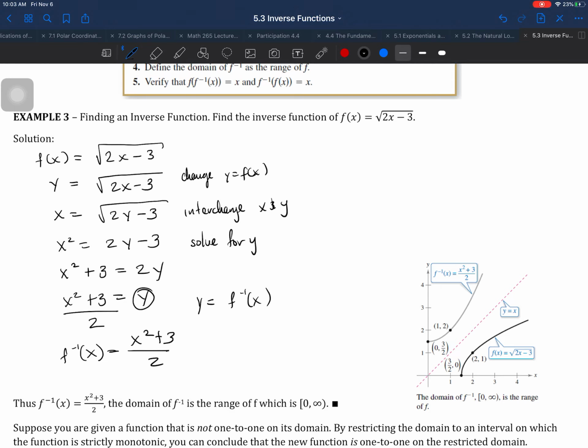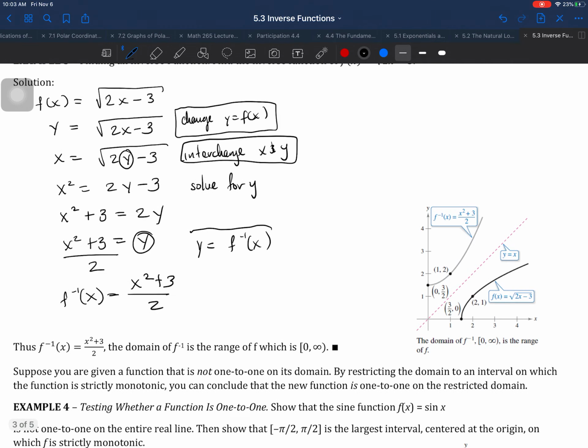So here, the original one, you started with y equals f of x, but once you did this interchange, this is no longer y. This is no longer f of x. This is now f inverse. Okay. So we found f inverse, right?